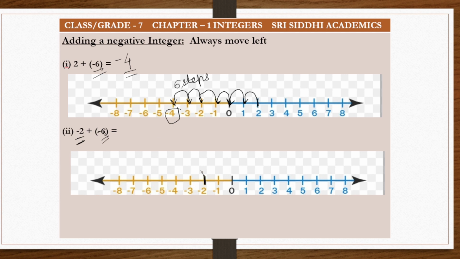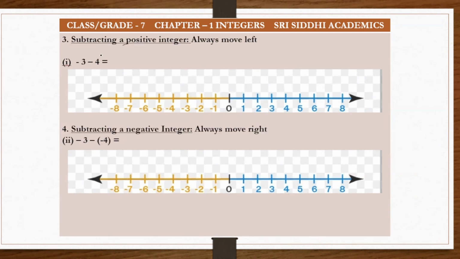So minus 2, first step, second, third, fourth, fifth, and finally sixth. So the number we reached is minus 8. So the answer will be minus 8. So keep this in mind, write it down: adding a positive integer, move towards your right; adding a negative integer, move towards your left. Okay.